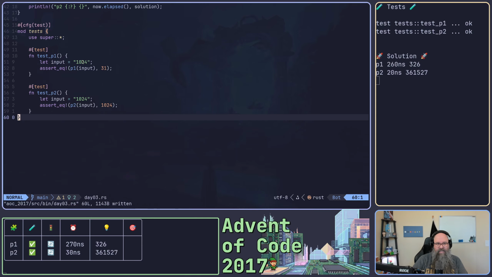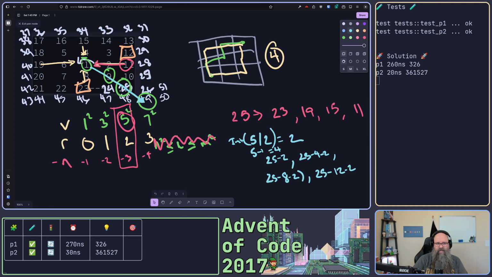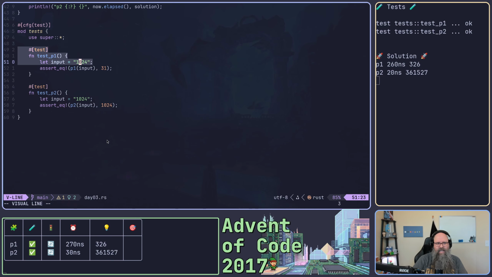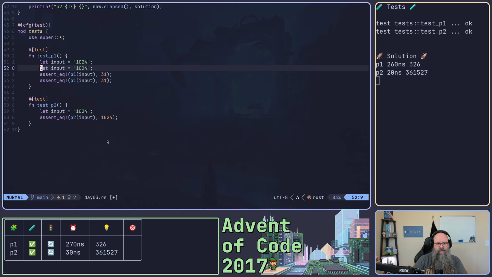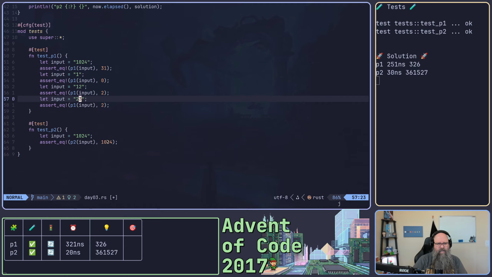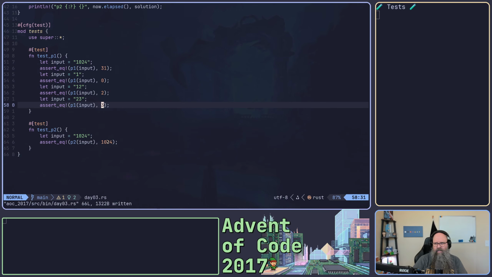I mean, it does solve this one, right? Should we do one of the other ones? Oh, one is an interesting case, although I'll never get the actual one case. Math still mathing. And 12 was 2, and 23 was 3.